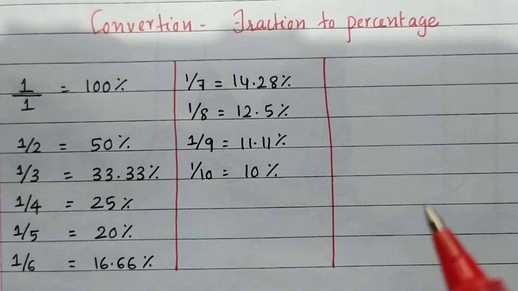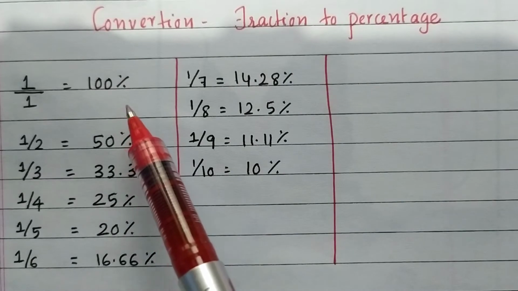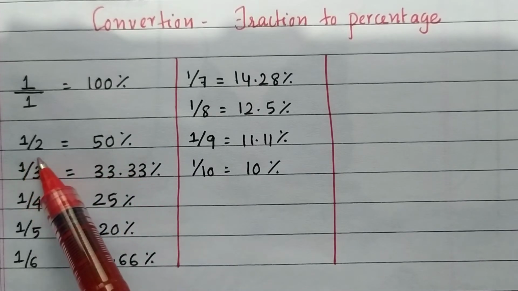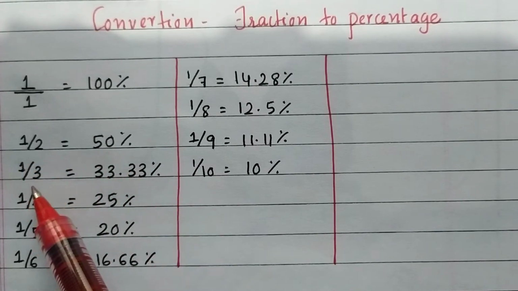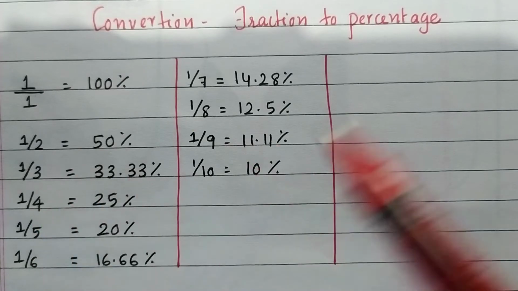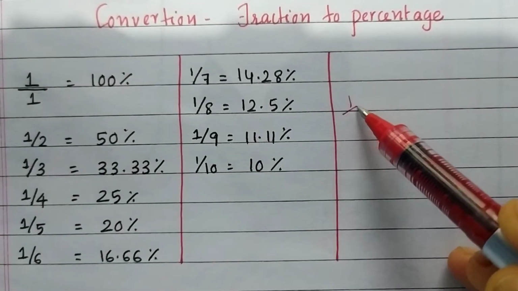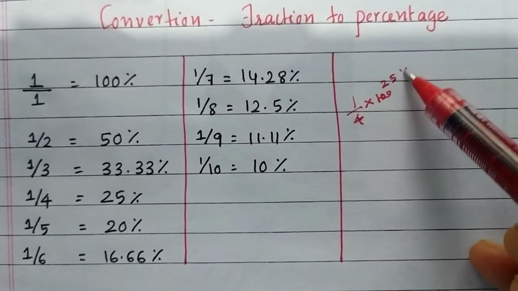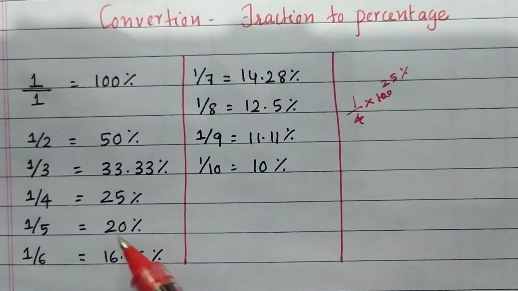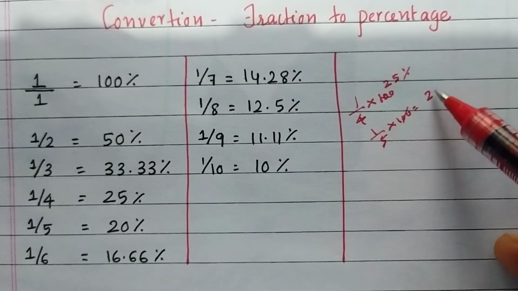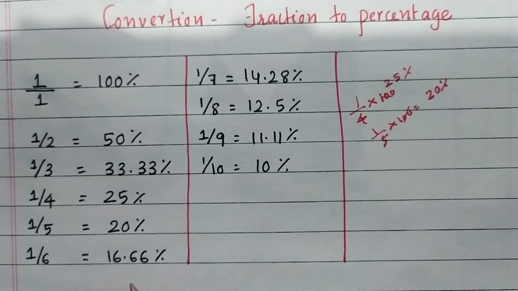Before having further questions, let us learn the relation between percentages and the basic fractions. 1 by 1 is 100%, 50% is 1 by 2, 33.33% is 1 by 3, 25% is 1 by 4, and so on. 1 by 4 into 100 is 25%. 1 by 5 into 100 is 20%. 1 by 6 is 16.66%, and so on.